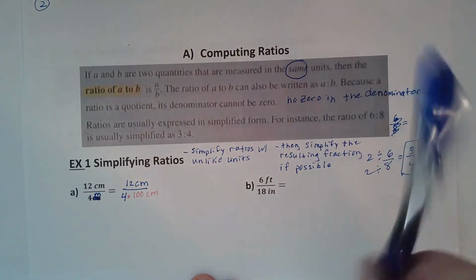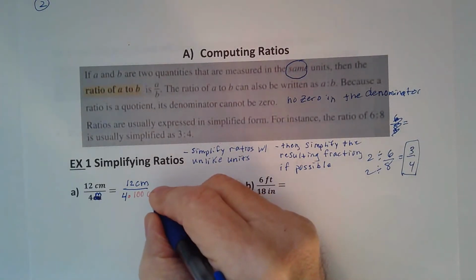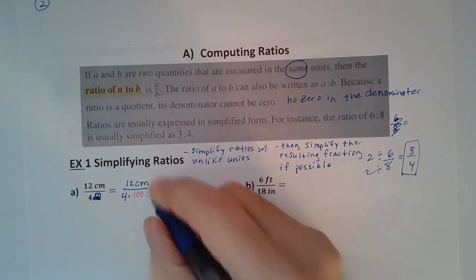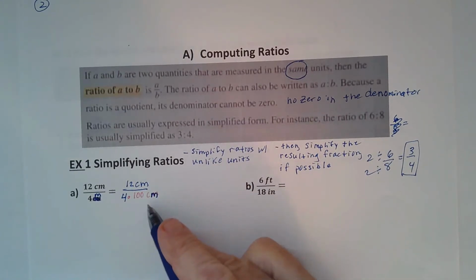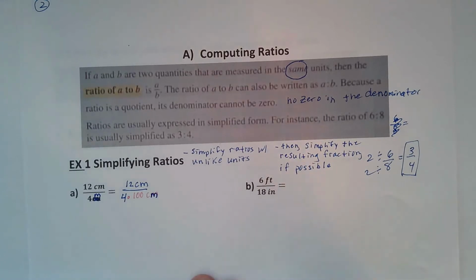And if we wanted to be color-coded on this, we could say that used to be the meter, but now it's 100 centimeters, so that's the red, that's the change.